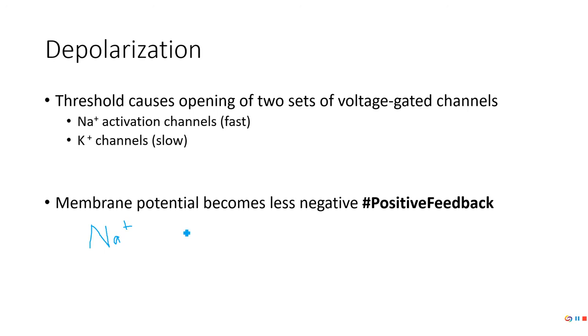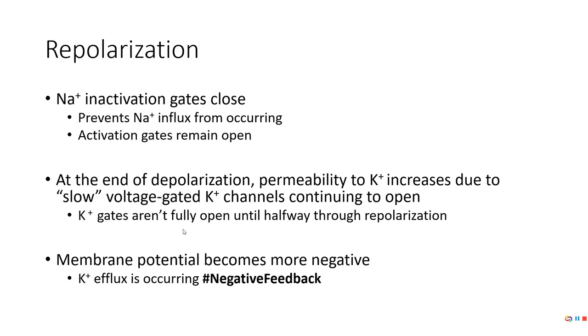When we hit +30, that signals the end of depolarization, and we go to repolarization. The reason is that the sodium inactivation gates close at +30. We're inactivating depolarization, so sodium influx stops. I'm only talking about influx through these voltage-gated channels. Leak channels are always open, so there's still sodium going in through the leak channels, but that's irrelevant to an action potential.